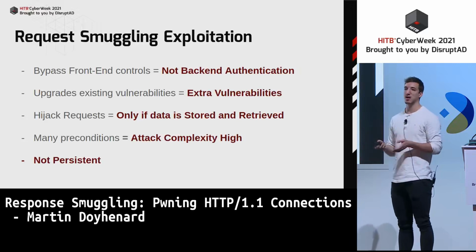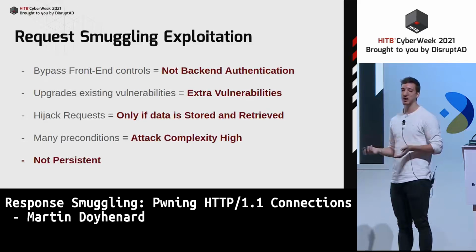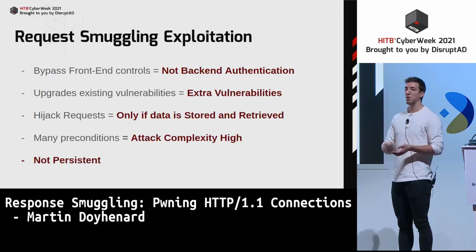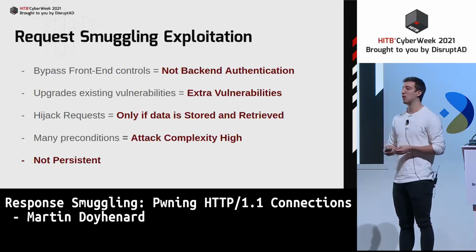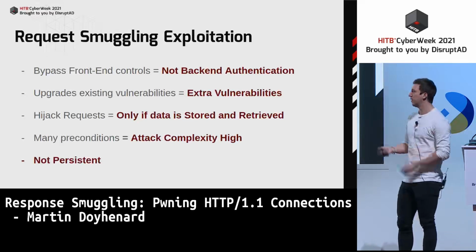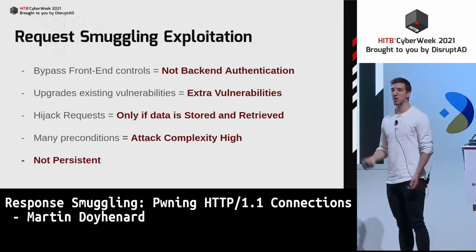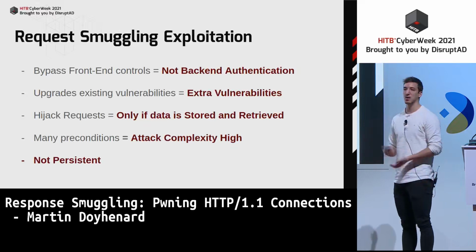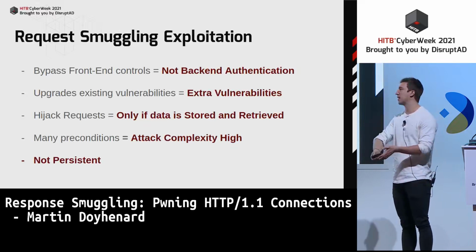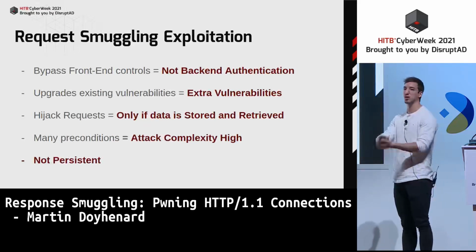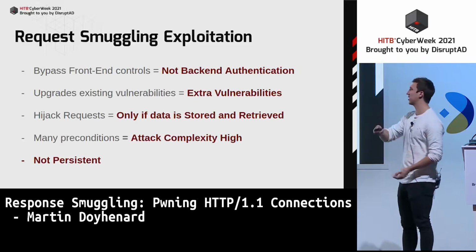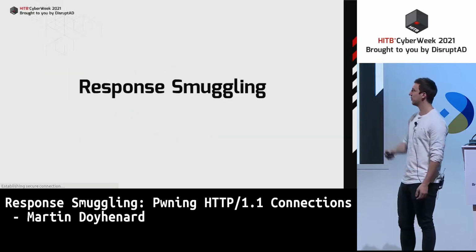Also, in many cases, we will need to be authenticated. Again, we need many preconditions, and the attack is not so reliable, so the attack complexity is quite high. And finally, it's not persistent. We need to keep attacking the system to exploit victims and to get the requests.